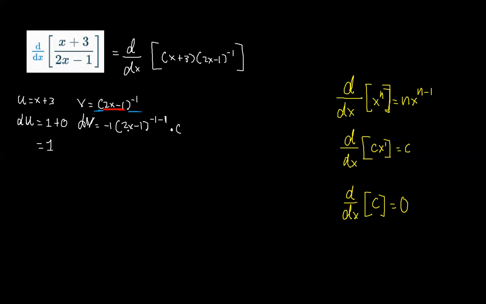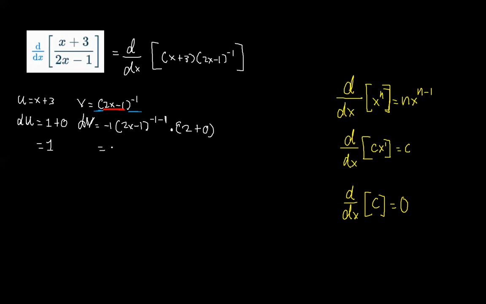For the derivative of 2x, I'm going to use the rule cx: the derivative of cx is equal to c. Hence, the derivative of 2x will give you 2. Next, the derivative of negative 1 is the derivative of a constant term, so it will give you 0.